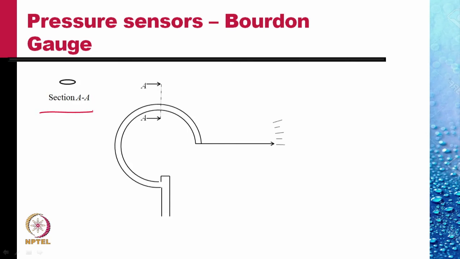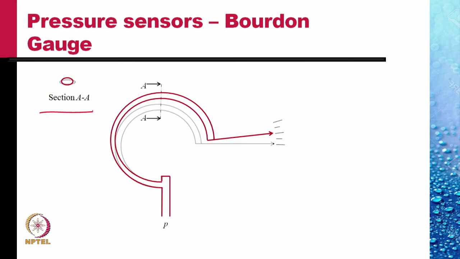As we apply a pressure P at this end, the cross section of the tube tends to round out, and as the section of the tube changes, the curvature of the tube decreases, its radius increases, so it expands out.